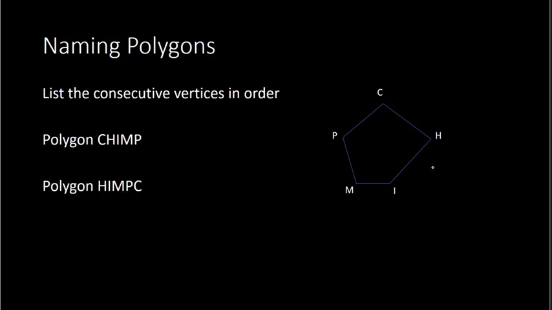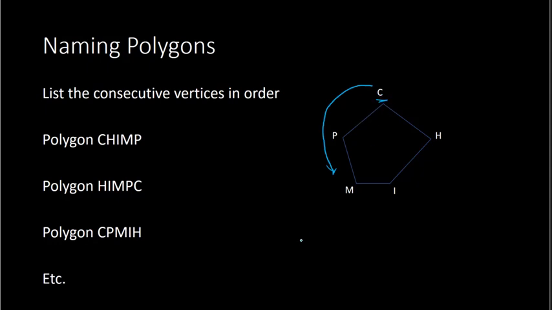So we can start at any vertex and work my way around, and I can go in either direction as well. If I start here at letter C, I would not have to go clockwise, I could go counterclockwise. So I can call this polygon CPMIH. So there are many different ways that you can name this particular polygon. The only thing that would not work is if you're jumping around to different vertices.